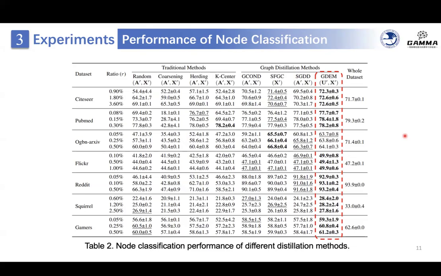So we preserve the original spectrum, and then since we generate the U bar, we construct a new structure of the synthetic graph. Got it. Thank you so much. Sorry for pausing you.